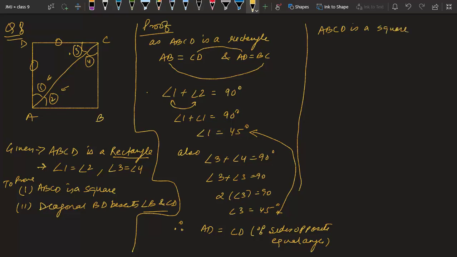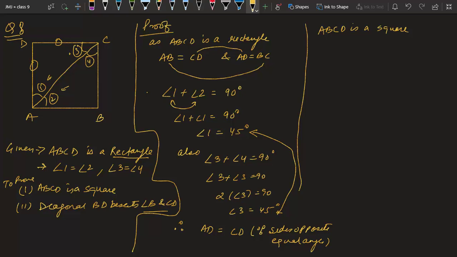So this gives you a clear idea now that we can prove a parallelogram a square with some certain special qualities. We can prove a rectangle a square with some special qualities. We can prove a rhombus a square with some special characteristics. That is why I gave you that flow diagram in that online lecture. That is very useful for you.